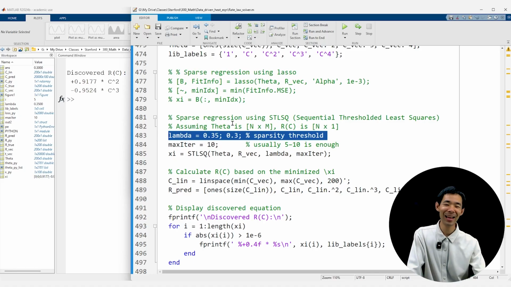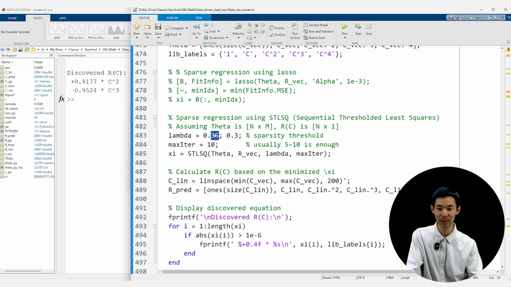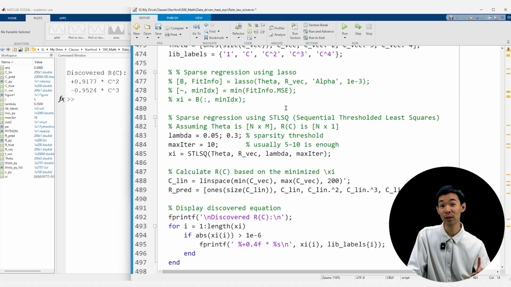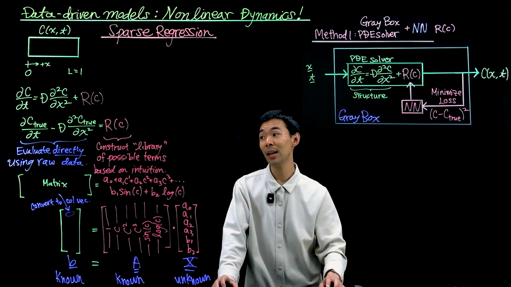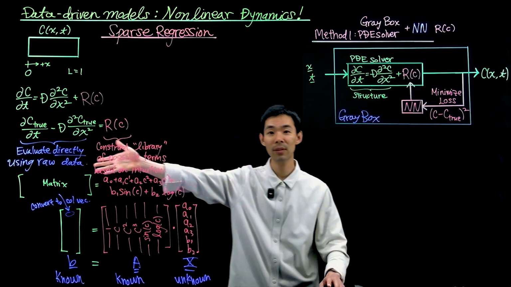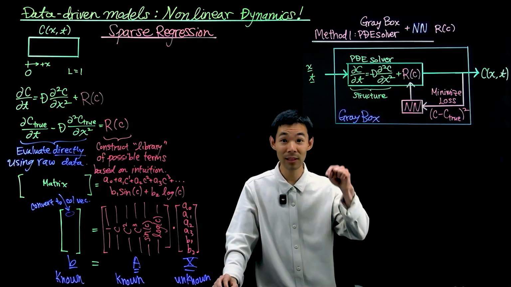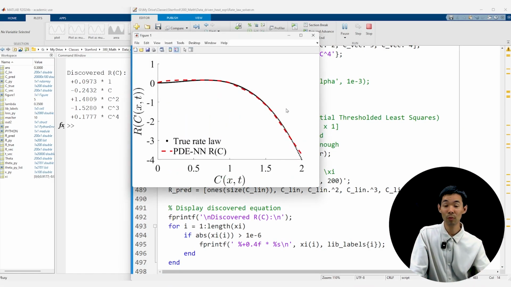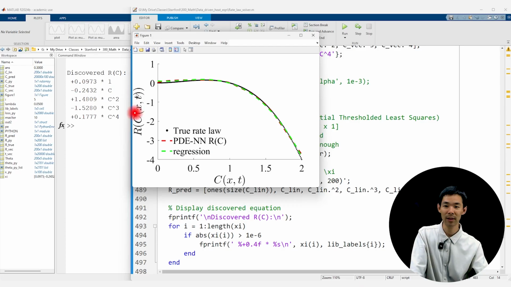But I wouldn't say this is a super robust fit. This lambda value seems kind of arbitrary. If I use the smaller value that I used for the true data, with the smooth derivatives and the spatial derivatives like I showed you earlier in this video, that value matched the right data spot on, whereas this time it's not sparse at all.